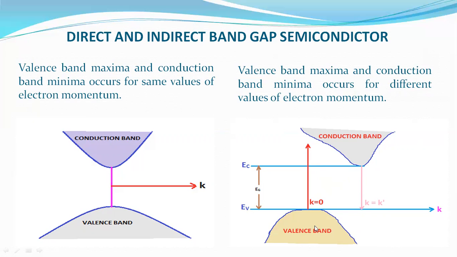Or reversely, if any particle wants to go to the conduction band, it has to jump from this valence band maxima to some quasi energy state here, and it has to gain some extra momentum to go to this conduction band minima.